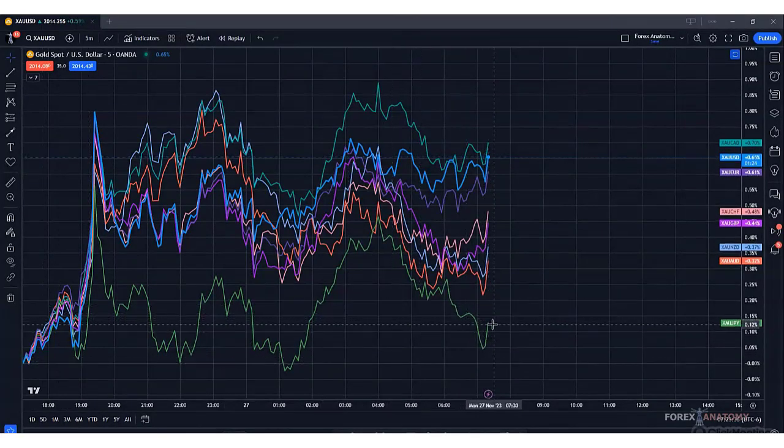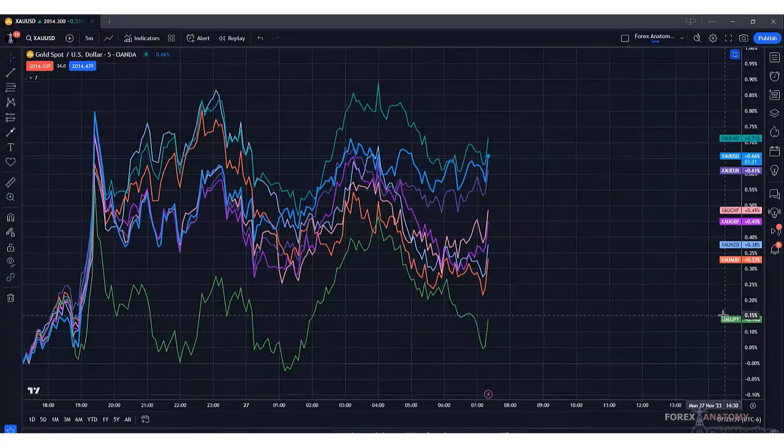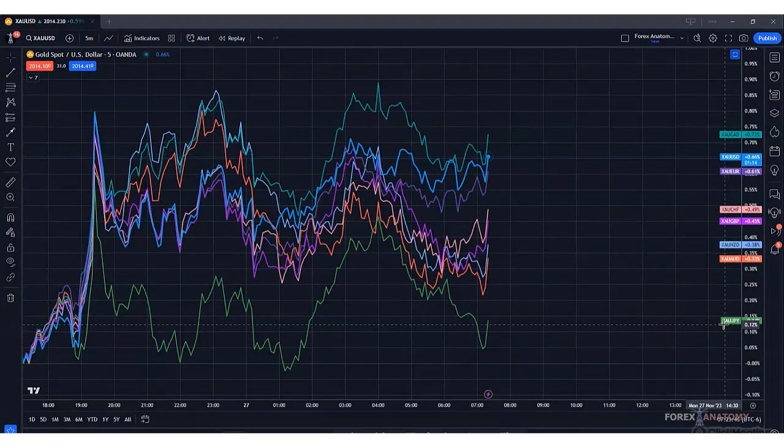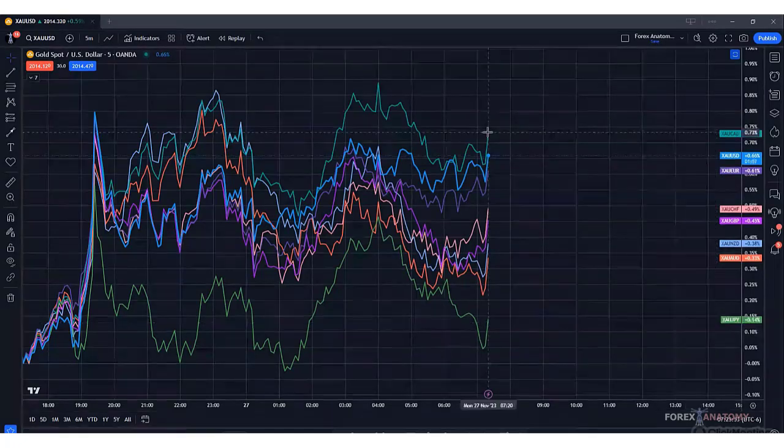the currency that's pretty much the lowest, that has fallen or is not rallying as much, the one at the bottom of the spectrum, is the strongest currency for the session, and the currency listed at the top is the weakest currency for the session.